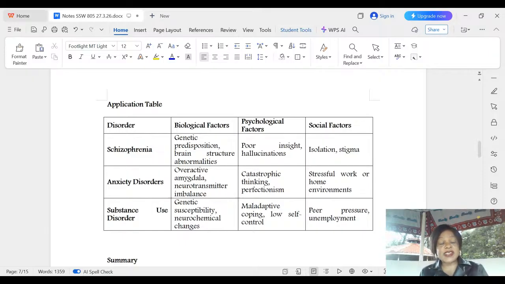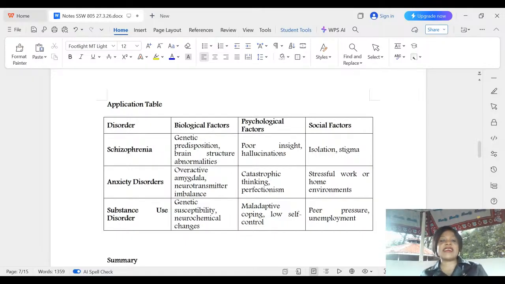Another biological factor that would influence somebody having schizophrenia would be brain structure abnormalities, which could take place at birth or while growing up from an accident and similar activities. So in our assessment, we would look at biological factors that would predispose that particular client to schizophrenia.